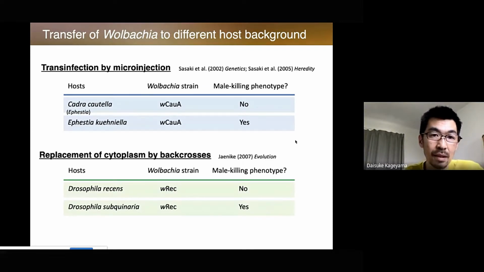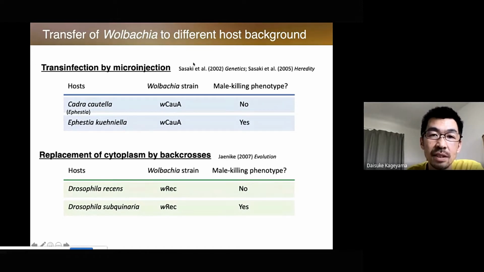But if you move the Wolbachia into a different host genetic background, we may be able to guess what happened in the past. For example, this is an old paper by Professor Sasaki of Tamagawa University.